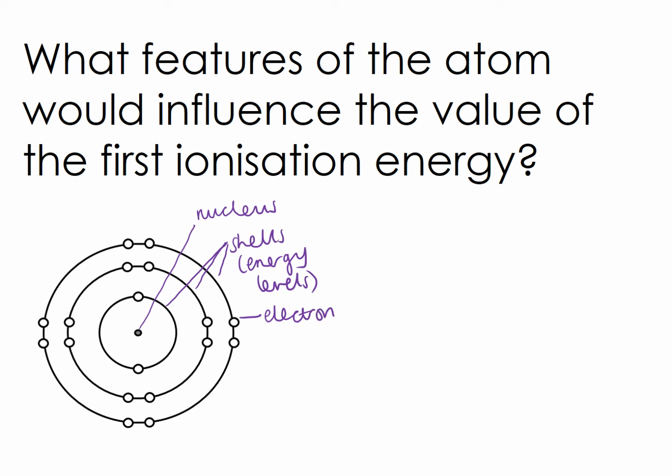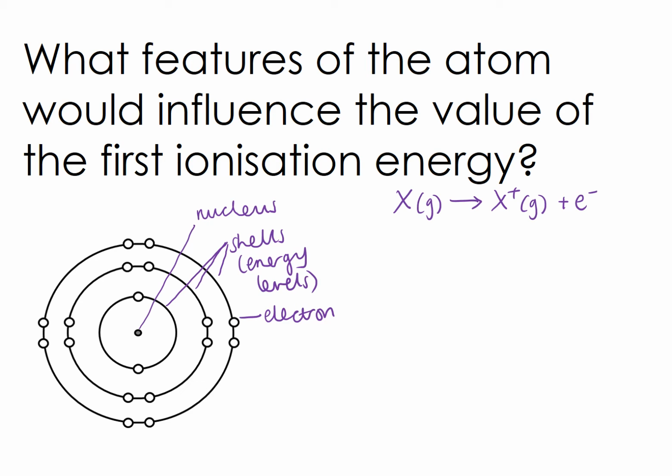What influences how much energy is needed to convert 1 mole of gaseous atoms into 1 mole of gaseous ions with +1 charge each and 1 mole of electrons will depend on the strength of attraction between the nucleus and the electron being removed.